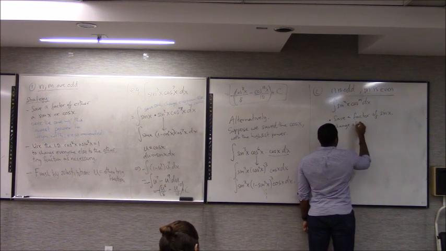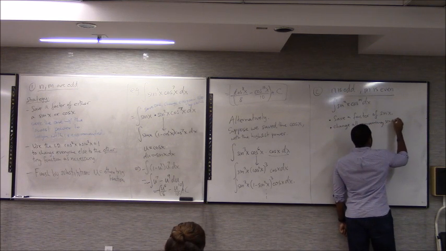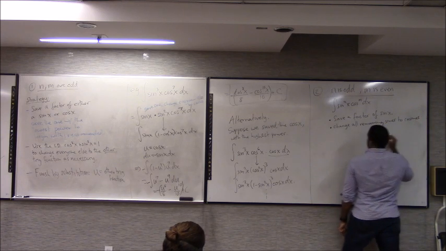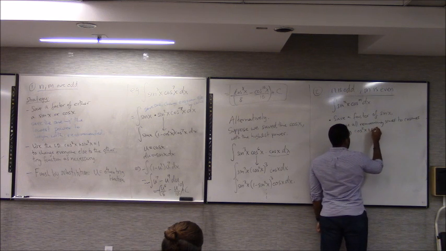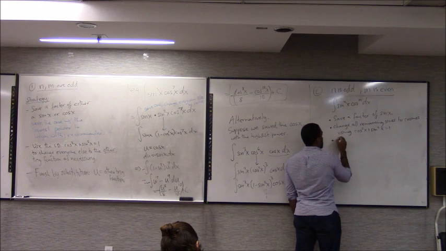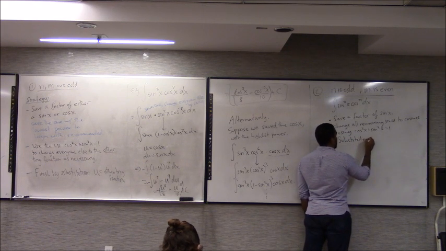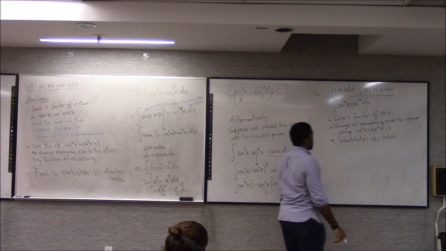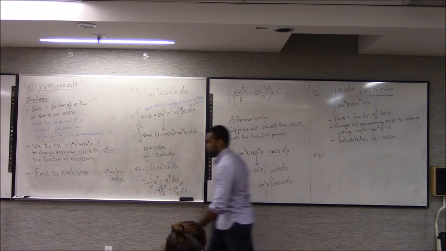Change all remaining sines to cosines using cosine squared plus sine squared equals 1. Then you're going to do a substitution, u equals cosine. Do some examples here.